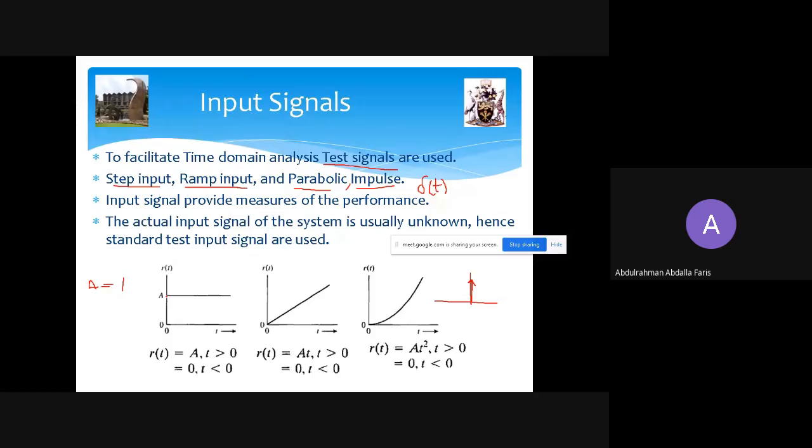This is when you are increasing velocity, and this is acceleration. The actual input signal of the system is usually unknown, as I said. Hence, standard test inputs are used, and these are the 3 or 4 standard test input signals.